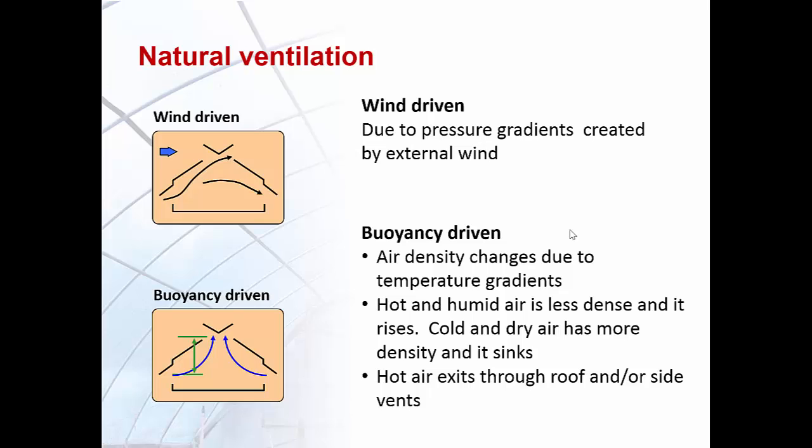The hot and humid air is less dense and rises towards the roof. On the other hand, cold and dry air is denser and sinks towards the bottom of the greenhouse. As the hot air rises towards the roof vents, it exits through the roof and/or side vents from the greenhouse.